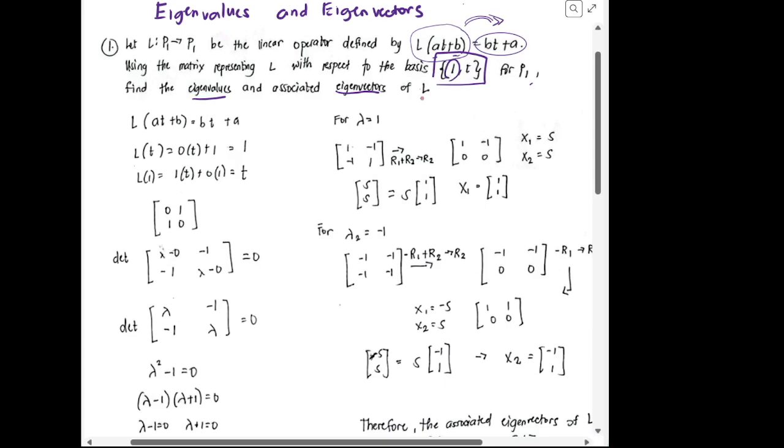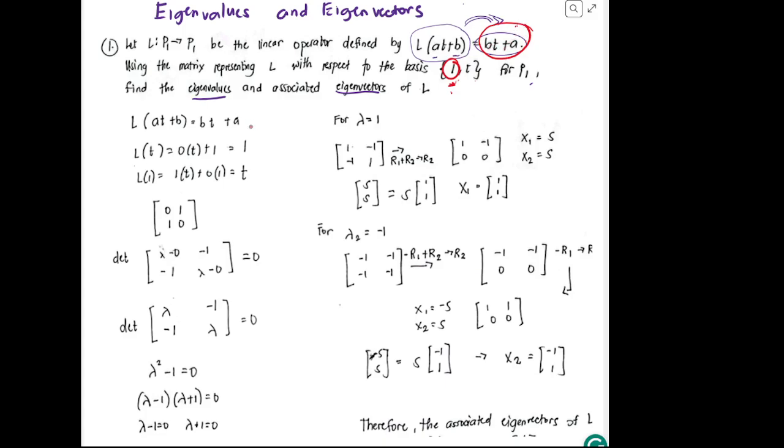Okay, we will start here with 1. 1 should be the result, no? Because this is the basis. 1, t is the basis for the image of the linear transformation.